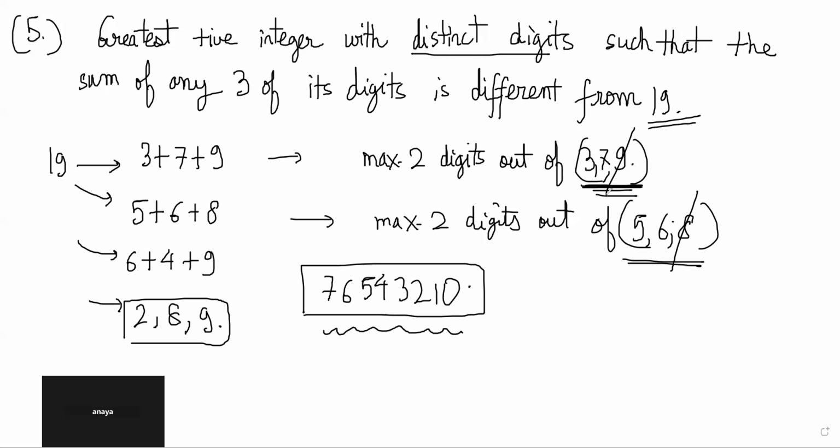You can try other options, but then you will have to worry about many cases. For example, if I use 9 and use 3, and remove 7, and if I remove 6 and I'm using 8 and 5, then I have to worry about different cases, because 9 plus 8, now I can't use 2.